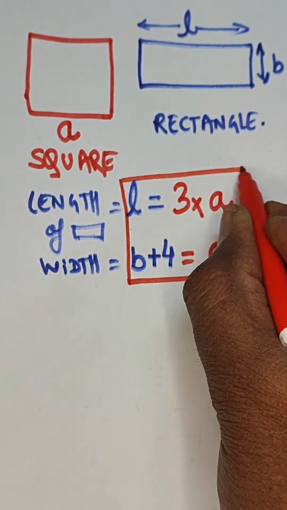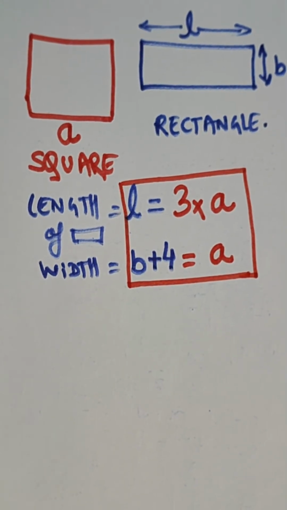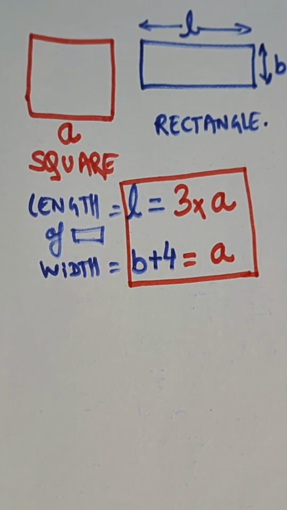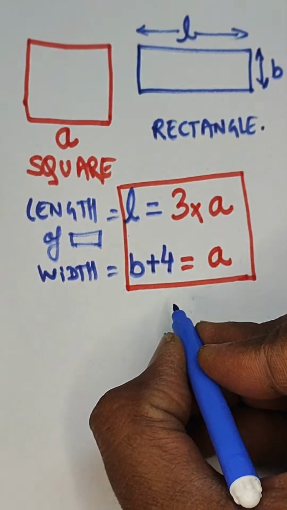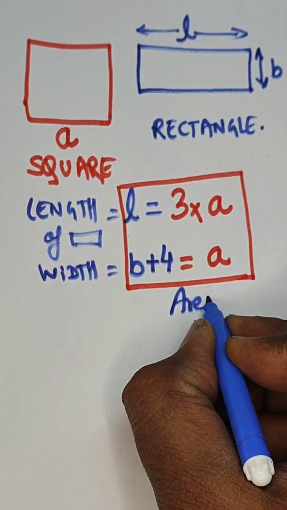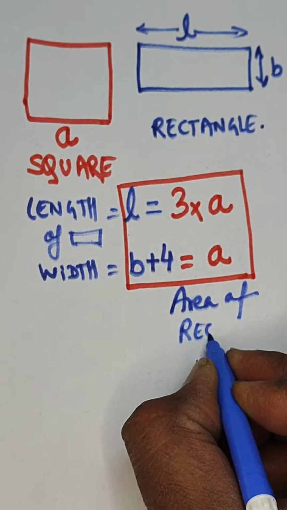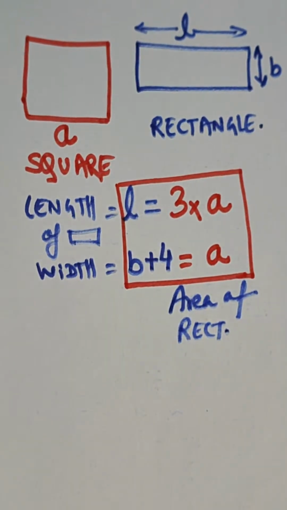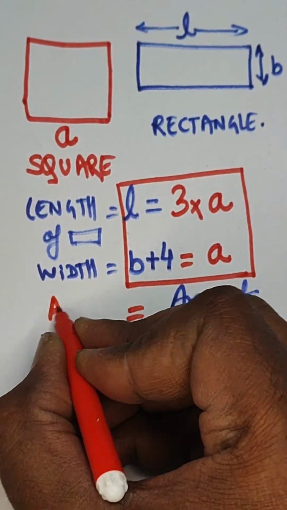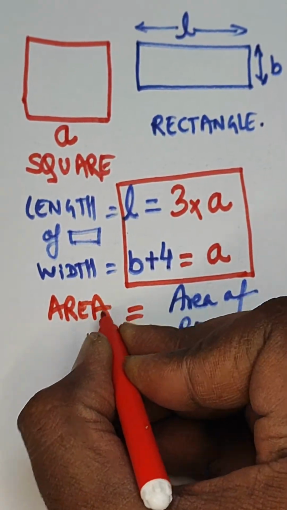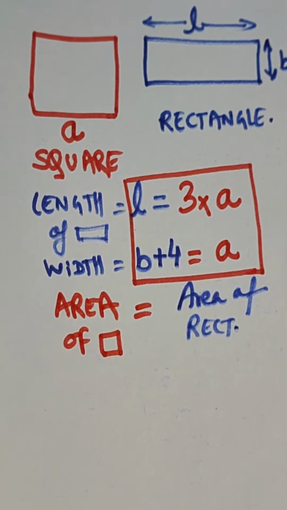Now with this data, another relation is that their areas are equal. So from here we can say that area of rectangle is equal to area of square.